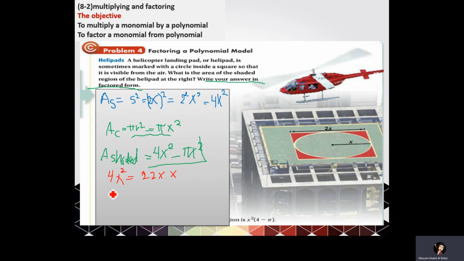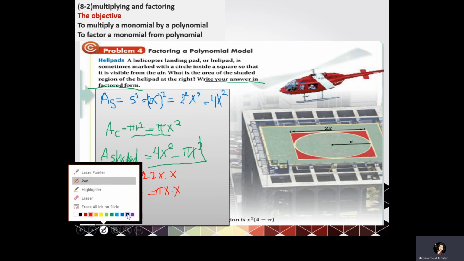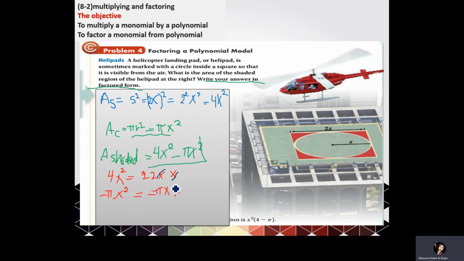The other one is pi x squared, so keep pi as it is, times x times x. What is the repeating thing between them? x and x, the greatest common factor, which equals x squared.